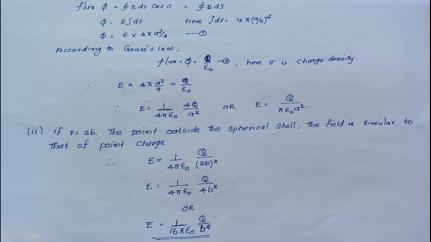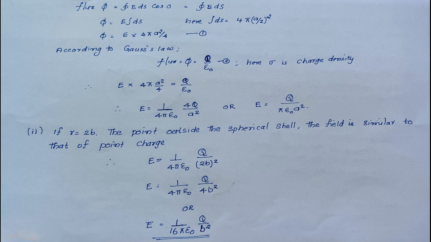From that equation we can find the electric field at a point inside the inner radius, that is given by E is equal to 4 pi epsilon 0 4q by a square. So we can cancel 4 and 4. Then we can write the equation like this: E is equal to q by pi epsilon 0 a square. Is it clear?